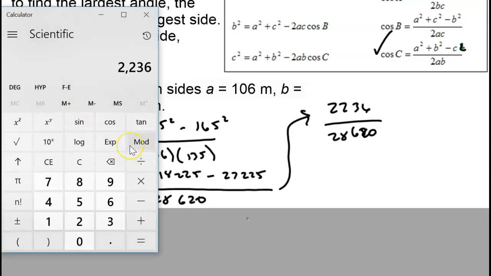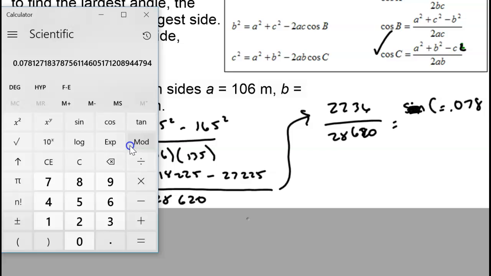Dividing gives me cosine C equals 0.078. Excuse me, that is cosine.